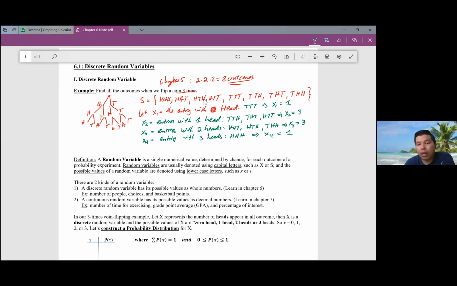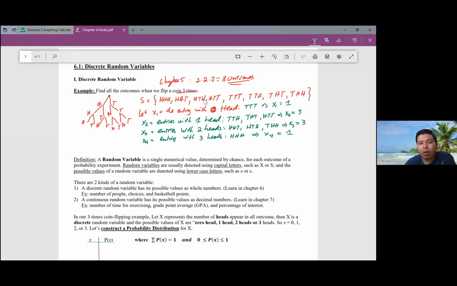Random variables are usually denoted using capital letters such as capital X or capital S, and the possible values of that random variable are denoted using lowercase letters, such as little s or little x.